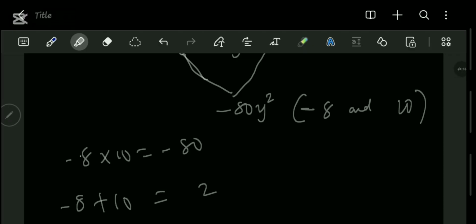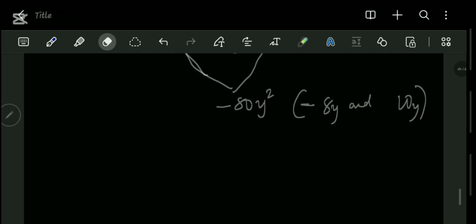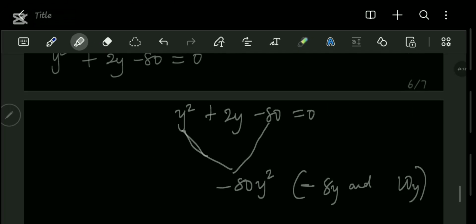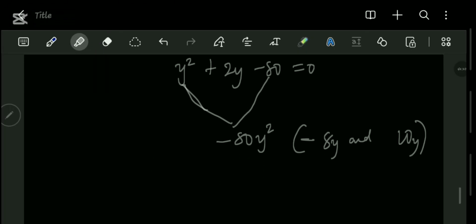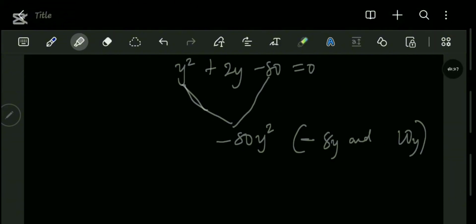Then what I want to replace is y, so this is going to have y, and this is going to have y as well. From here, I want to replace the middle term with these terms. When I do that, I have y squared, and I remove this and replace it with this 2.